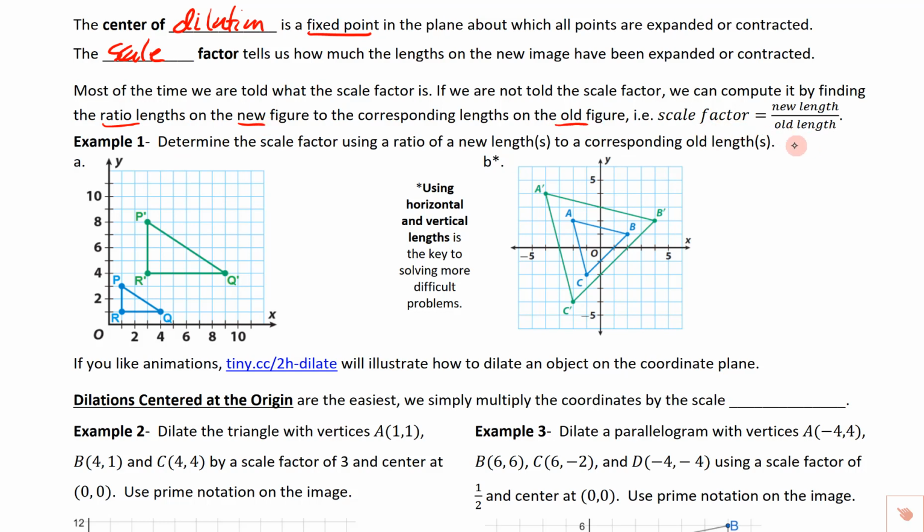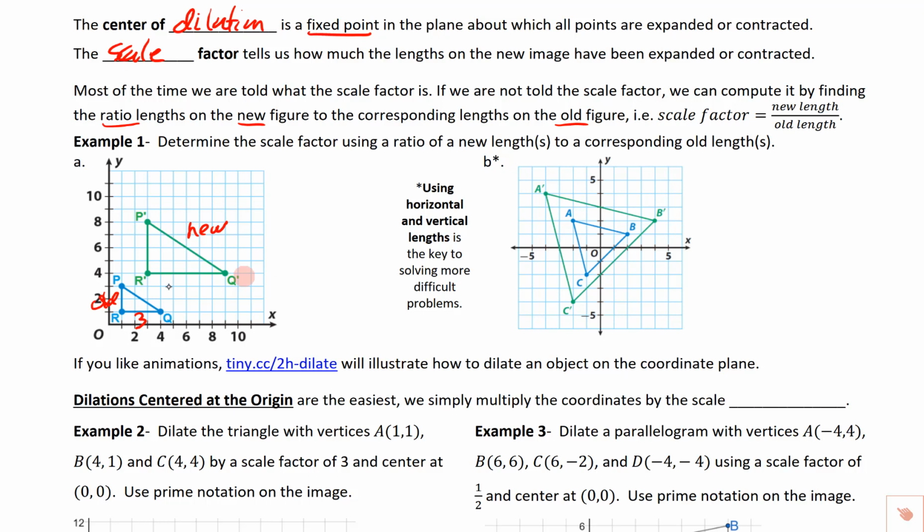Now, the scale factor is going to look something like this. All we need to do is find a new length and divide it by an old length. Now, on this particular one, it's pretty easy because we can tell on this one right here, like let's take RQ. So the distance from R to Q, 1, 2, 3, that's 3 spaces. And then R prime, Q prime. Again, this is the old one right here, and this is the new one because it's got the prime notation on it.